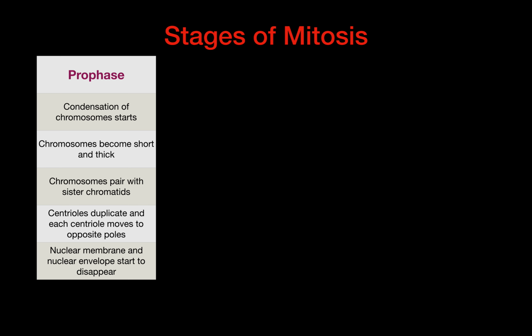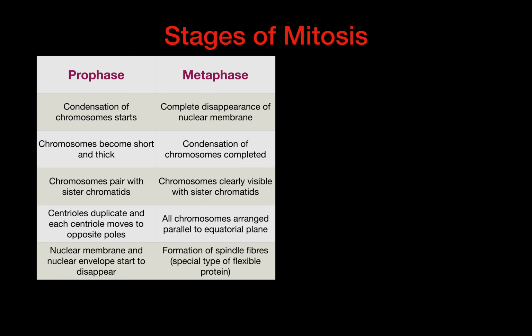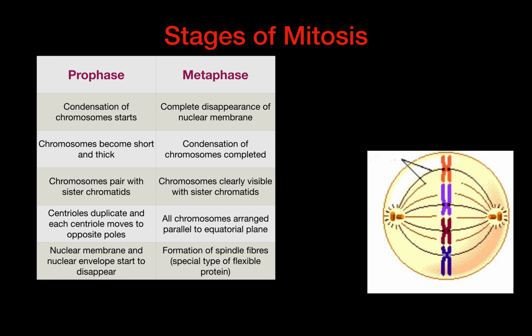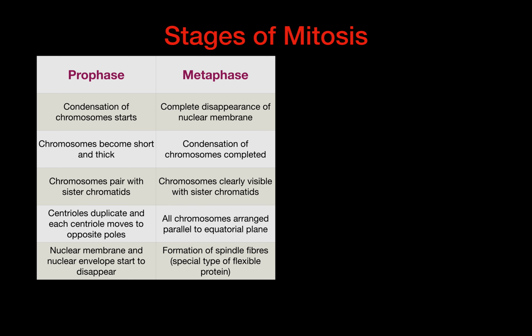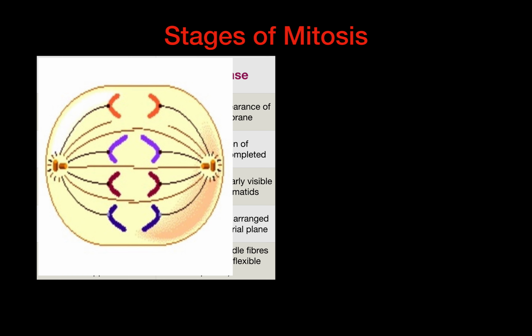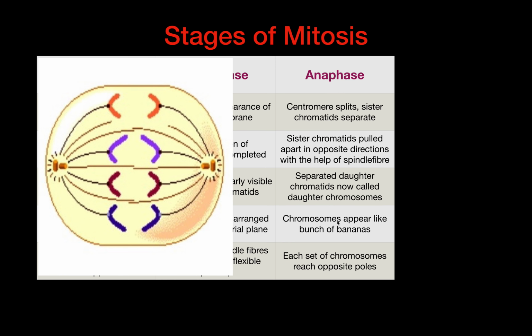Prophase is followed by the second phase, the metaphase. Here you can check the diagram of metaphase, wherein there is no nuclear membrane. Condensation of the chromosomes is also completed. Chromatids are paired and they line along the equatorial plane. The formation of spindle fibers is also completed, and it initiates the third phase, the anaphase.